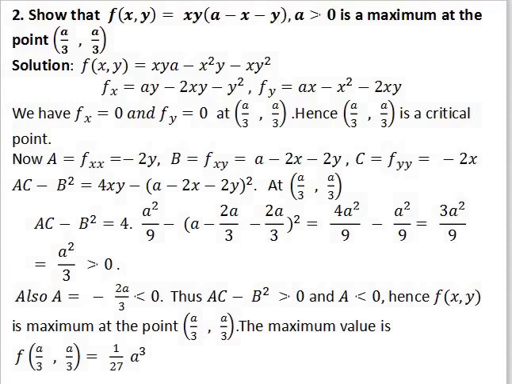So 9 is the LCM: 4a² - a² is 3a², so 3a²/9 gives a²/3.